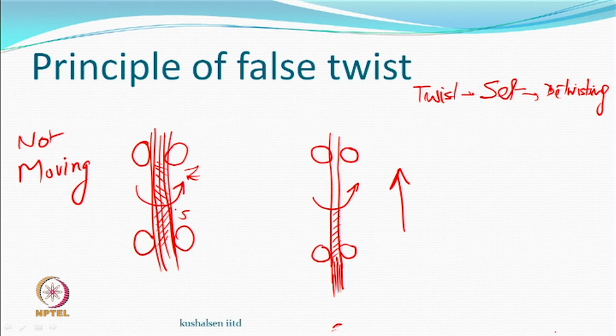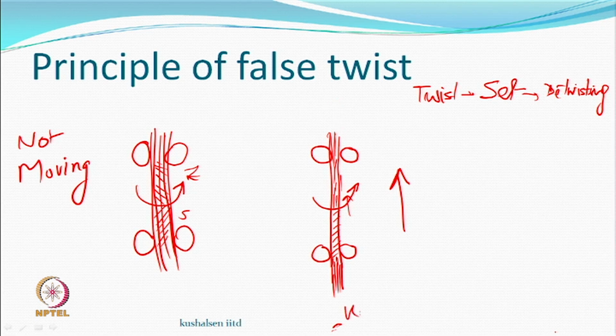But what happens here is, because this portion which has just been twisted is moving up, it gets the reverse twist exactly equal and opposite. So, the resultant is that this becomes untwisted. So, in the same movement, if we keep doing it, you start with an untwisted yarn, twist in between and go up, which you have again an untwisted yarn.